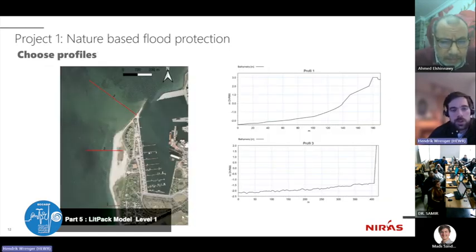Then you need to choose profiles, and this is what it looked like before the project was developed. Of course, the coastline as a general is not 100% uniform, right? We have here a long breakwater with a steep grading in the beginning. It's at profile 3, right? It's actually a hard structure, so it cannot be eroded.